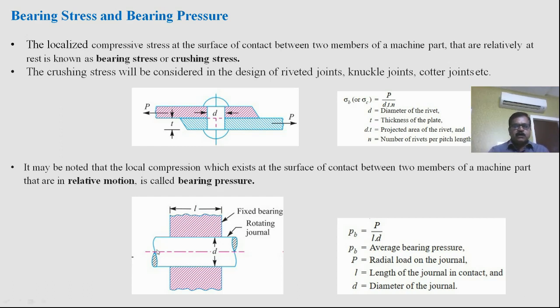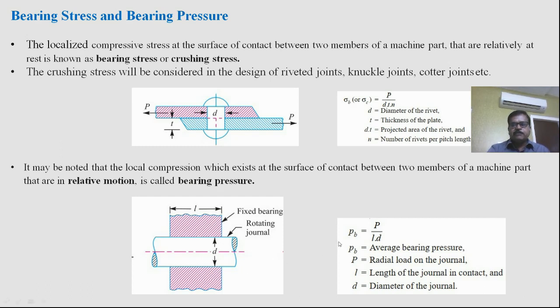Here you can see a shaft or journal rotating in a bearing. The load, either the self weight of the shaft or the journal or the mountings on the shaft, is going to create force on the bearing through the shaft. Due to the external force applied through the journal or the shaft, the bearing is subjected to a pressure called the bearing pressure.